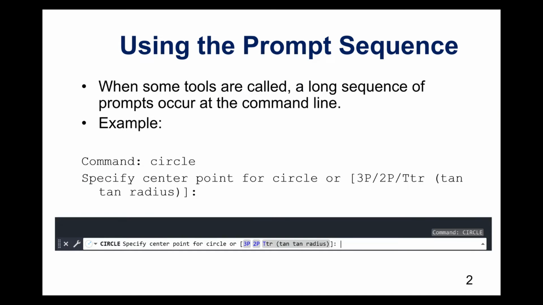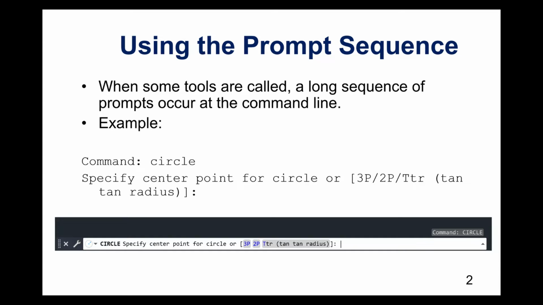Okay, so firstly, you need to understand the importance of prompt sequence. When a tool is called, a long sequence of prompts occur at the command line. The prompts appear in the command line box and ask the user for a selection or numeric input so that a command sequence can be completed.